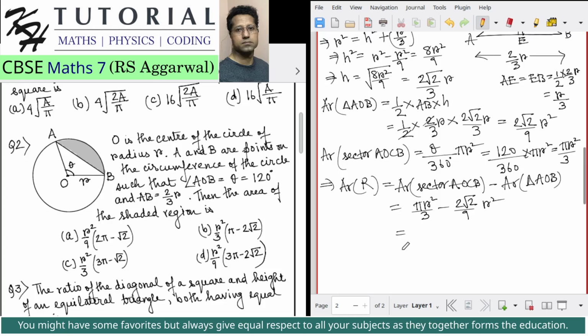Now I have to simplify this so that it matches one of the given choices.